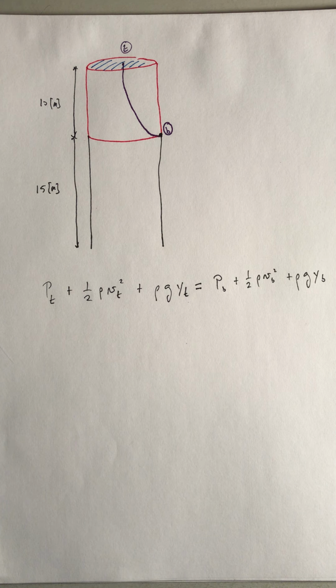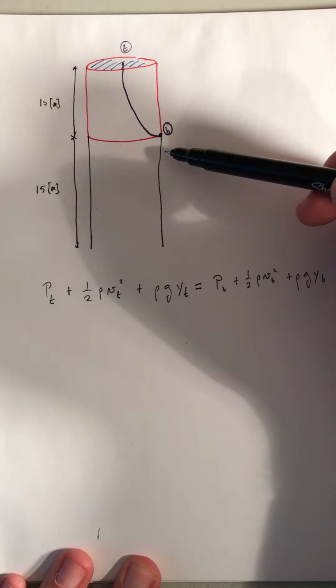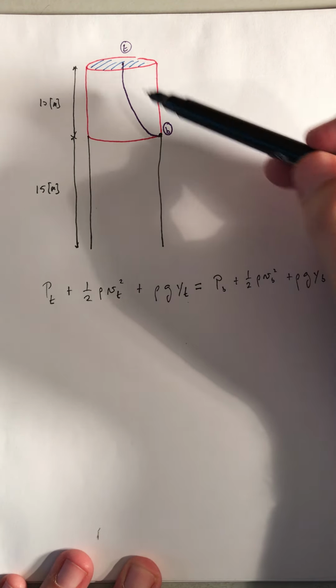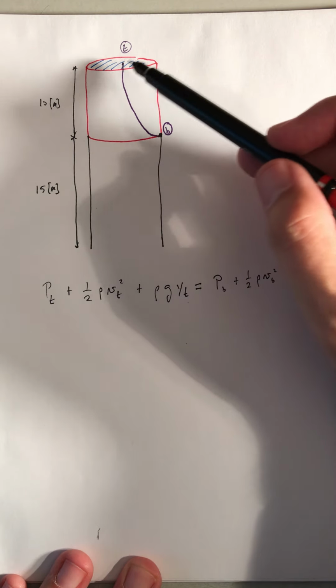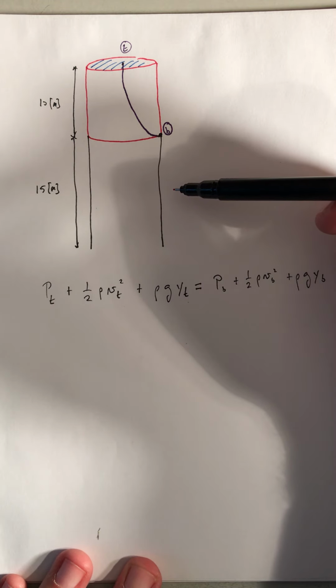Alright, so we have some simplifications that we can make. The speed at the bottom could be significant, but if you just think about the ratio of those two areas in the continuity equation, this is a little itty bitty hole, and the area at the top is the whole water tower.